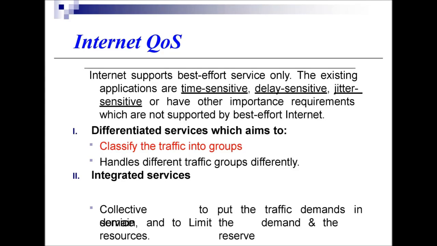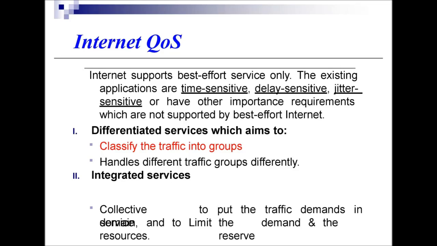So there are two different services. Differentiated services aim to classify the traffic into groups and handle traffic in different groups. Differentiated services mean we can classify our traffic into different classes, and according to the need of that specific service, bandwidth can be allocated.